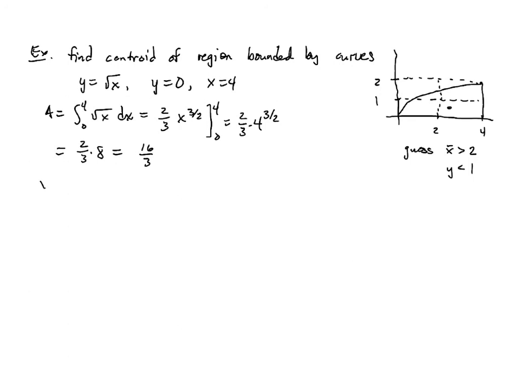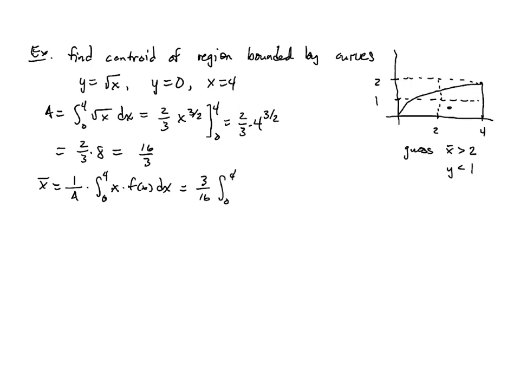Our formula for the x-coordinate of the centroid says to take the reciprocal of the area times the integral from a to b, so 0 to 4, of x times f of x dx. So we're going to put in our expression for A. The reciprocal of that is 3/16.